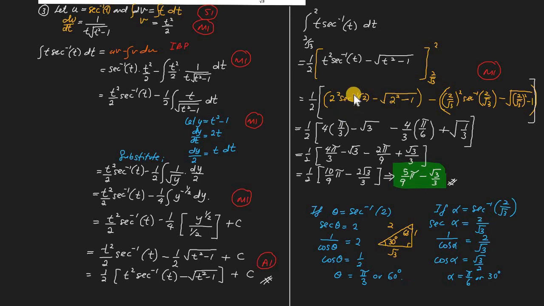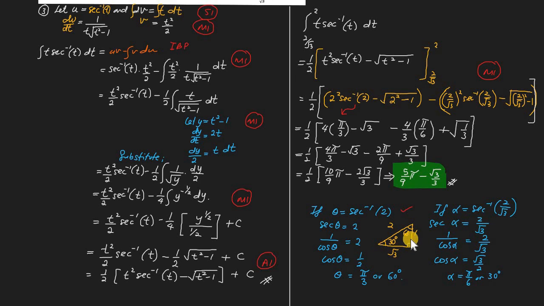And then here, how do we get inverse secant 2 as pi on 3? We have to recall our previous lesson from Math 2, such that inverse secant tells us about an angle. If I say the angle is theta, then secant theta is 2, meaning secant is 1 on cosine, or cosine is half.